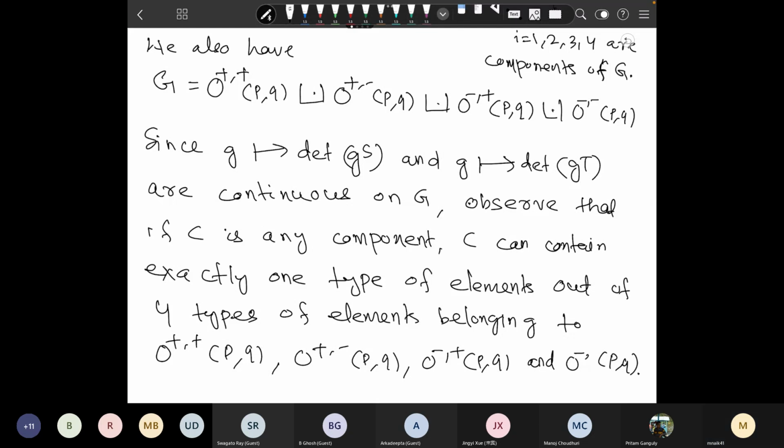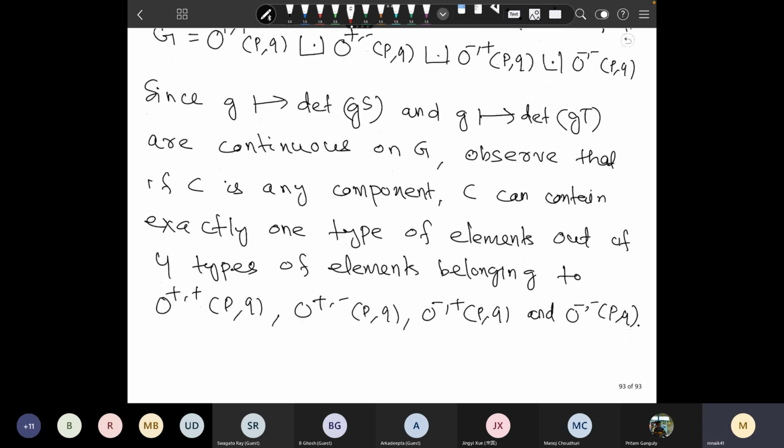Suppose C contains 2 types of elements, something like from O plus minus and O minus plus. Then you look at the map G going to determinant of GS, and that will give a separation. I explained this precisely in the previous lecture.